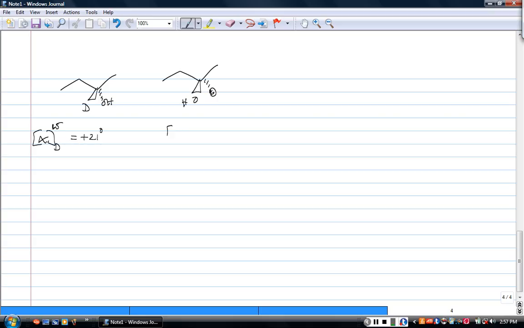I know that the alpha 15D of this compound is going to be minus 21 degrees. In other words, the specific rotations of the enantiomers have the same number but different signs.